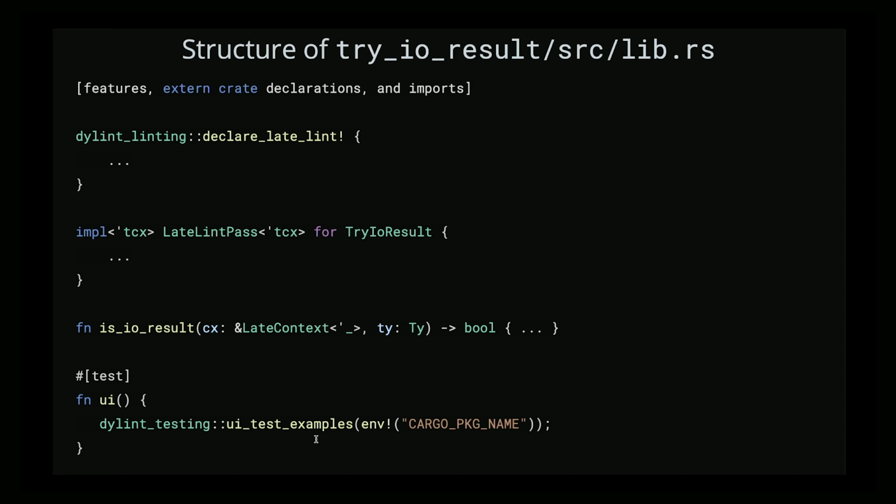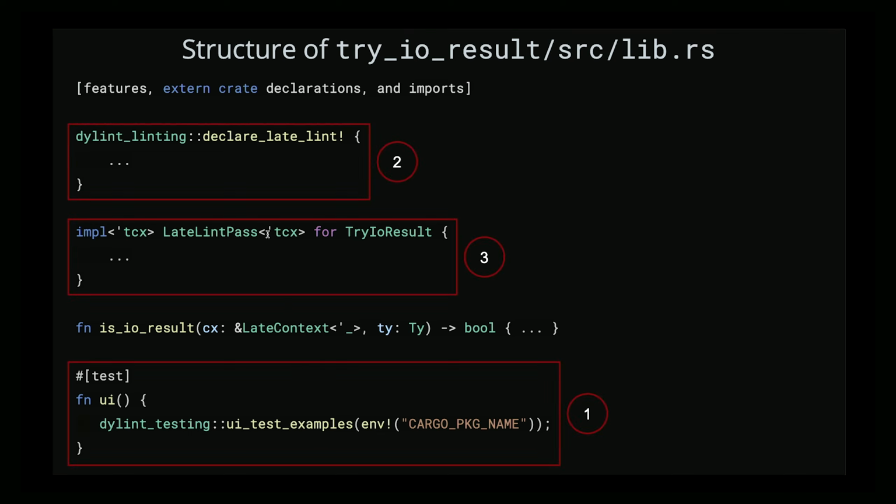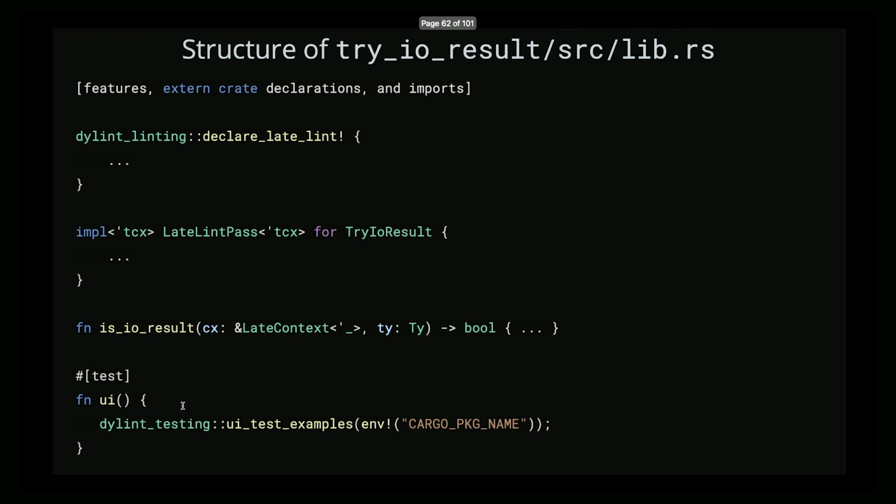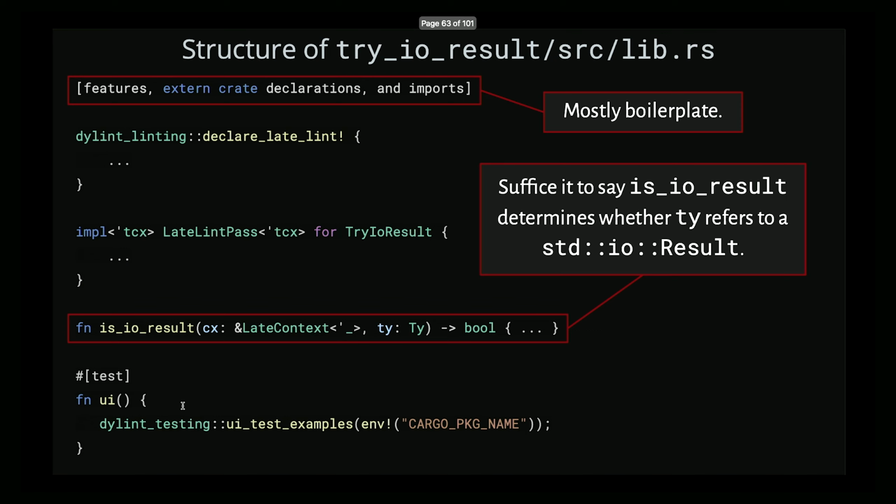So the parts that we are going to go into in some detail are the macro invocation, the trait implementation, and the test. The parts I'm going to largely gloss over are the header information at the top, because this is uninteresting and mostly boilerplate, and then the utility function is EuroRust. Suffice it to say that if you can understand the implementation of this late lint pass trait, then you can understand the implementation of this is EuroRust function.